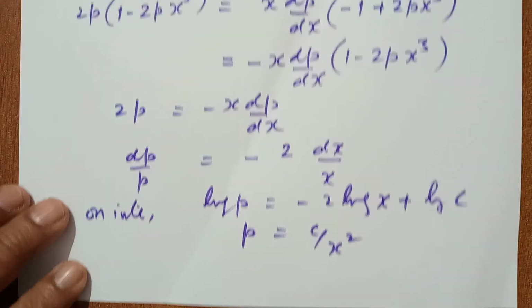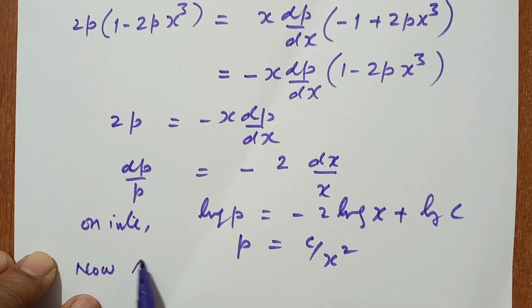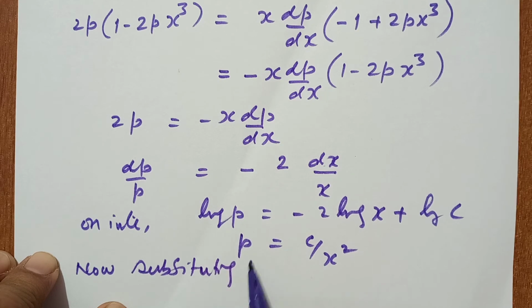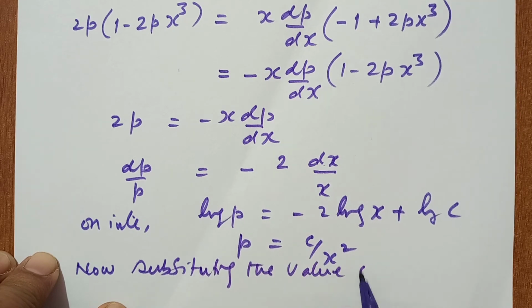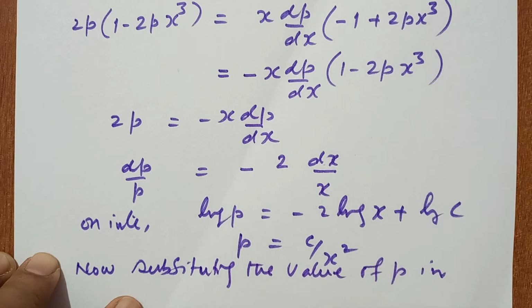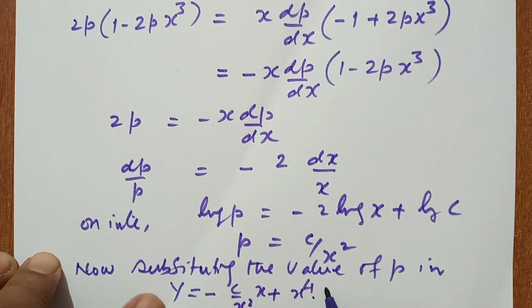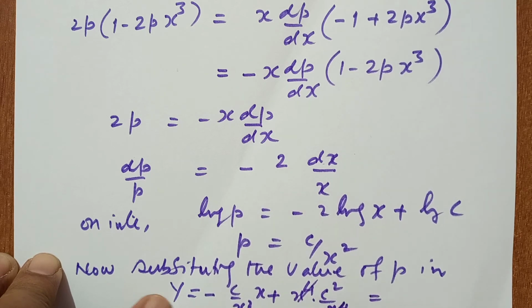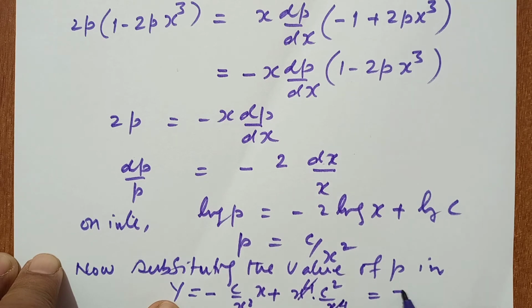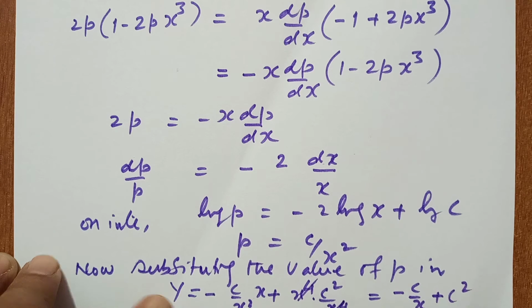So the solution is y is equal to minus p, that is c upon x square, into x, plus x to the power 4 p square, that is c square upon x to the power 4. The x to the power 4 cancels. So y is equal to minus c upon x plus c square. So this is the answer.